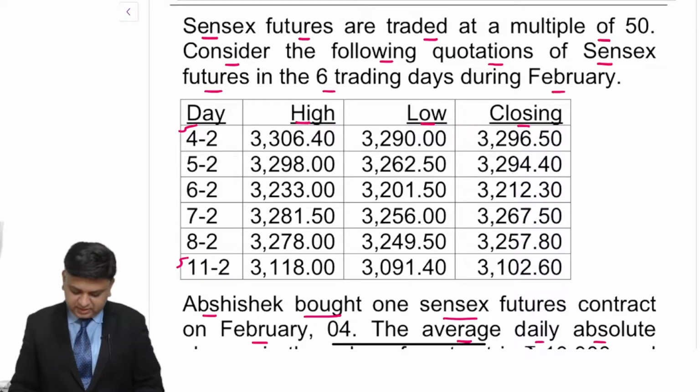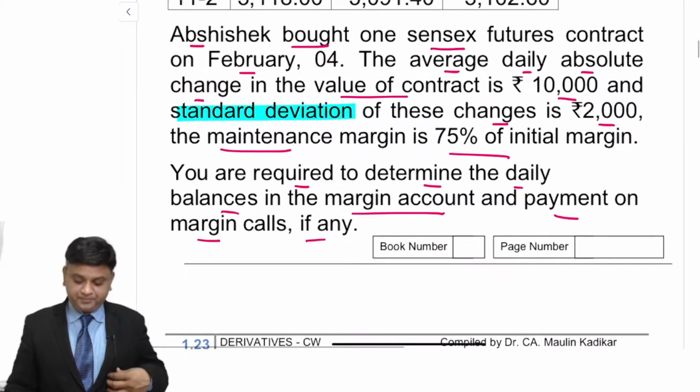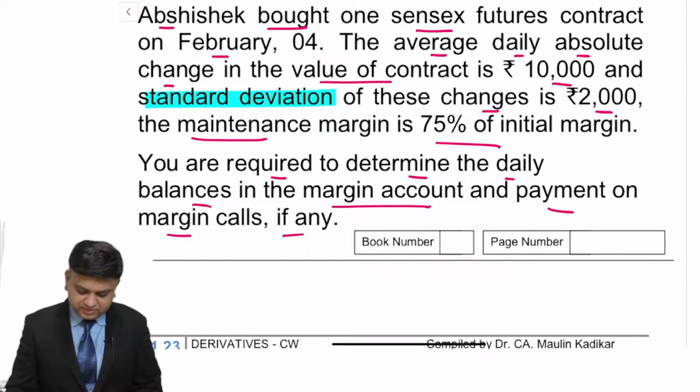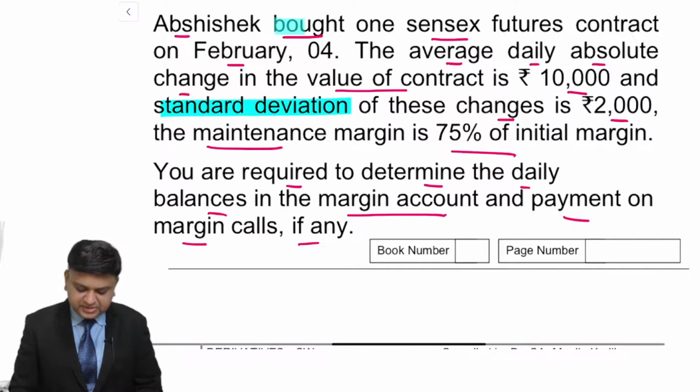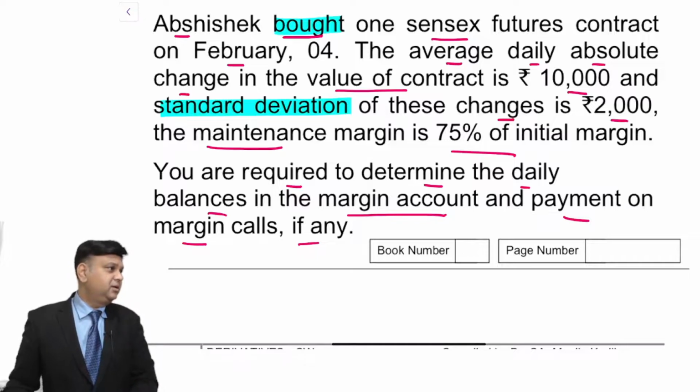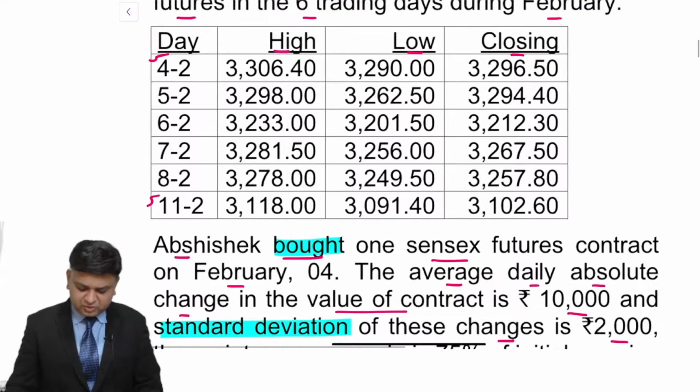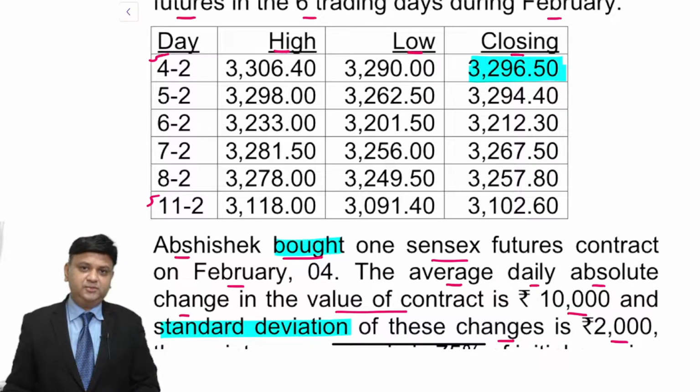Now friends, over here the question is providing the information that a trader, an investor called Mr. Abhishek, entered into the transaction for purchase. The price at which the purchase contract has been entered upon is not given to us in the question. So we make a simple assumption that you have entered into the transaction to buy at the closing price, that is 3296.50.